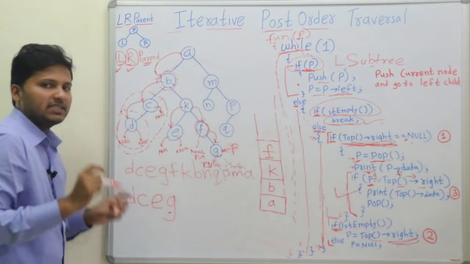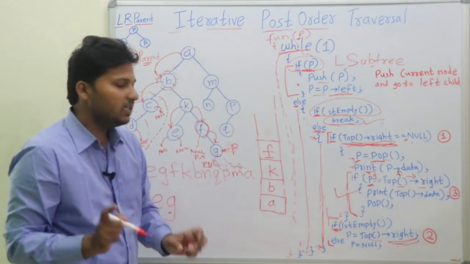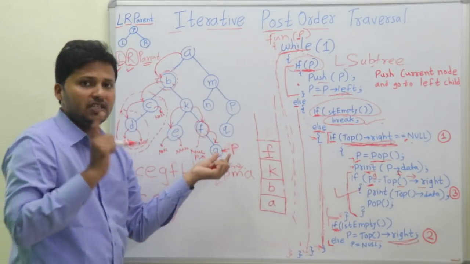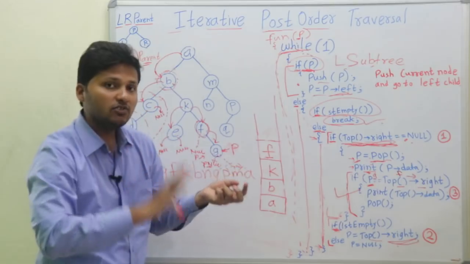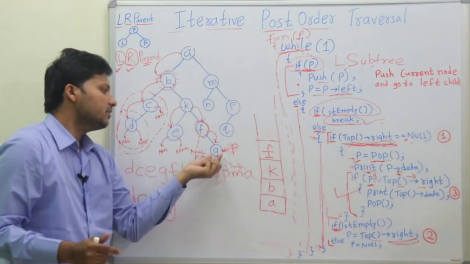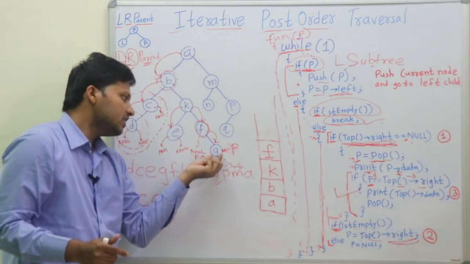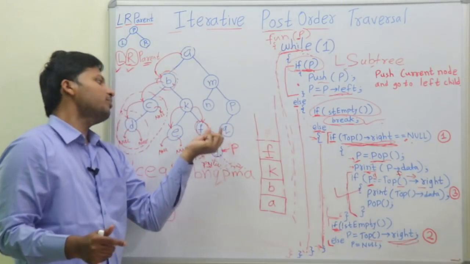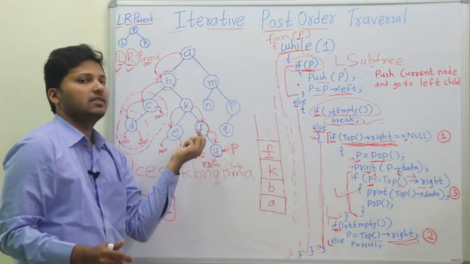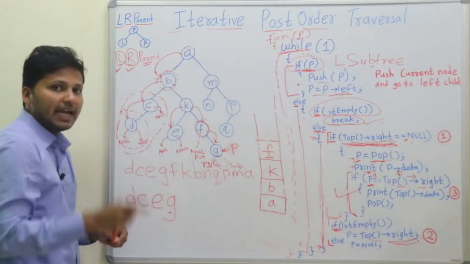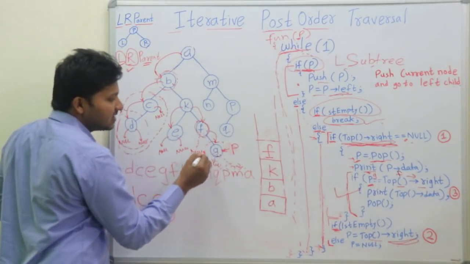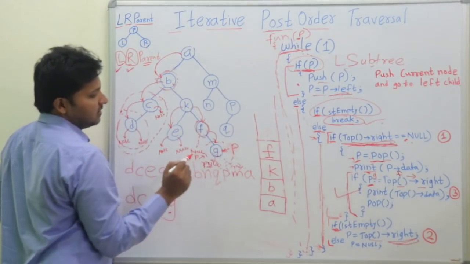That means what exactly we are checking here is whether G itself is the right child of its parent or not. Means here we are checking whether this node itself is the right child of its parent, and if it is the right child of its parent, that means this is the right subtree of the parent.